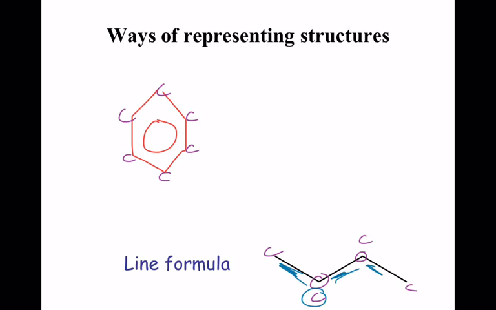So it's implied 2 more hydrogens. And then this one is 2 hydrogens. And this one, since it's only reaching out once here, needs to reach out 3 more times. And this one 3 times. So that's how you unpack that line structure.